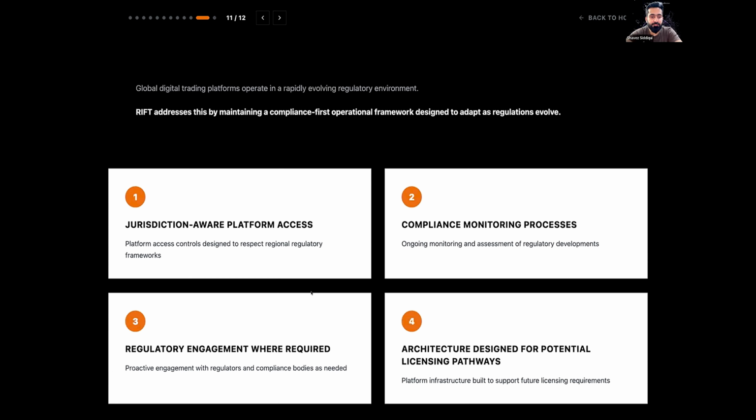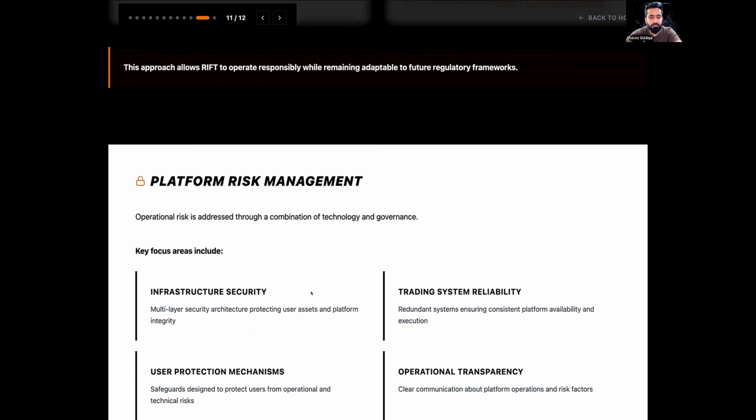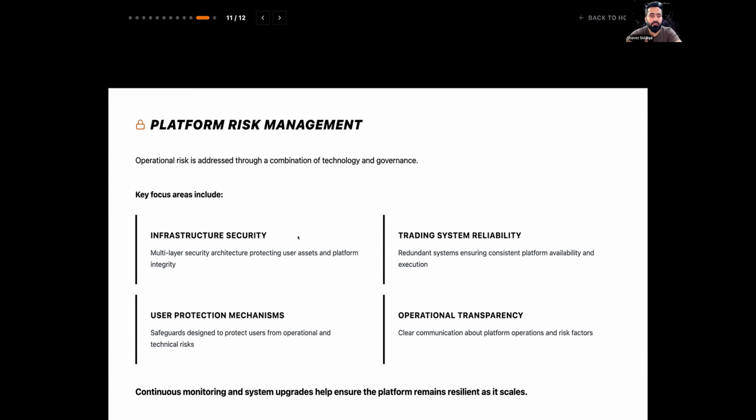Then there are more risk management areas of the platform that we focus on: infrastructure security, trading system reliability, user protection mechanisms, operational transparency. Well, it's a self-custodial wallet. You will get to extract the private keys of the wallet.